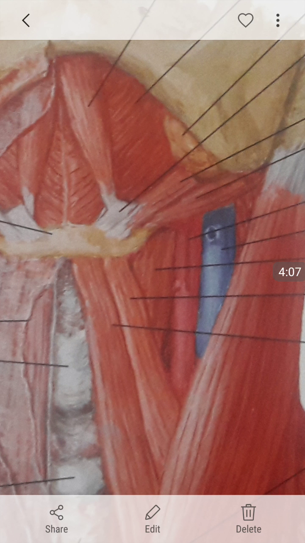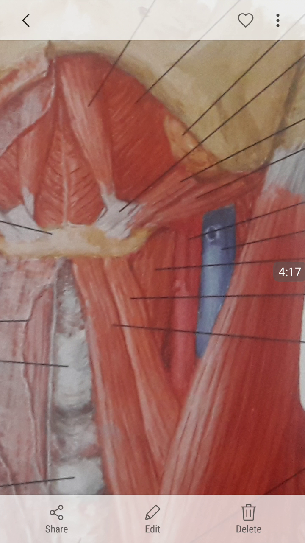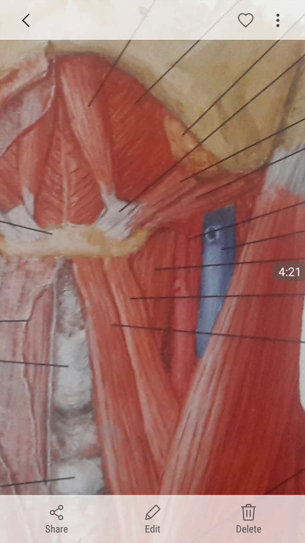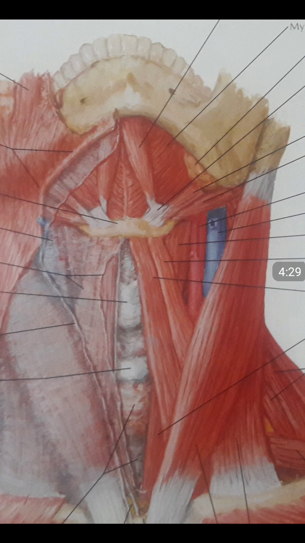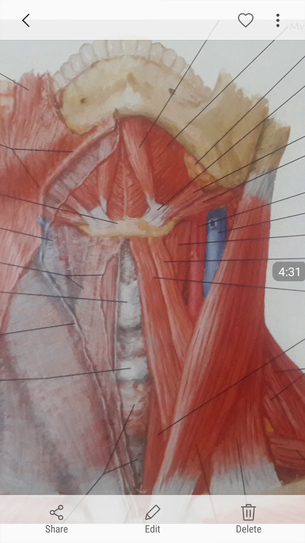Now the submandibular triangle, or digastric triangle. This is the anterior belly of digastric, this is the posterior belly of digastric, and this is the base of the mandible. So this triangle is bounded by the anterior and posterior bellies of digastric, and then by the inferior border of the mandible.